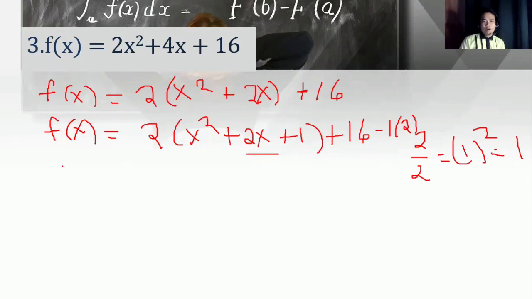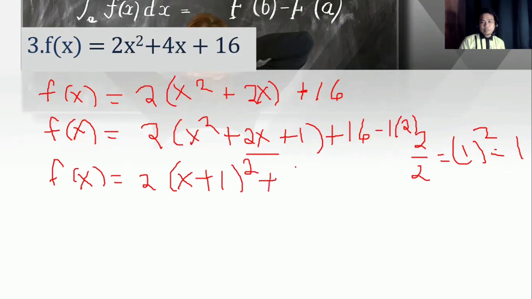So we have now f of x equals 2. Then kalahati ng 2, which is 1. Square. Then proceed to 16 minus 2. The answer is positive 14. So h is negative 1. k is positive 14.